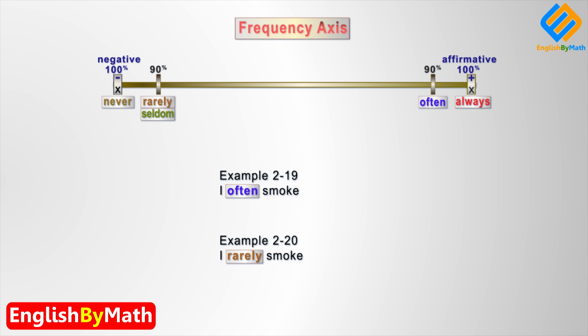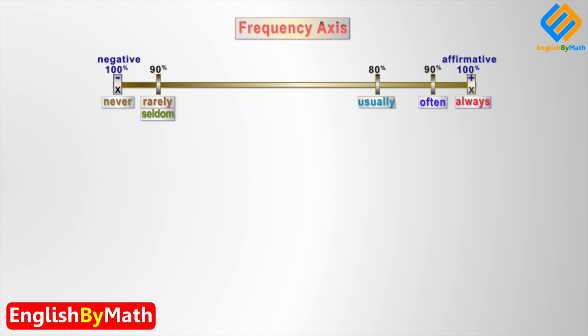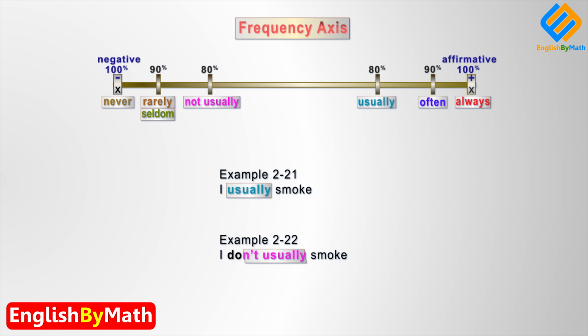On the frequency axis, the word usually equals 80%. And because there is no equal to usually on the negative side of the axis, we use the negative particle not to give the opposite of usually. Not usually. I usually smoke. I don't usually smoke.